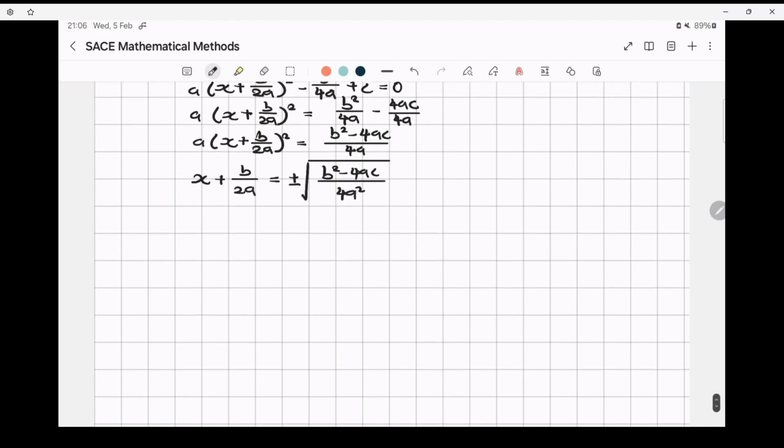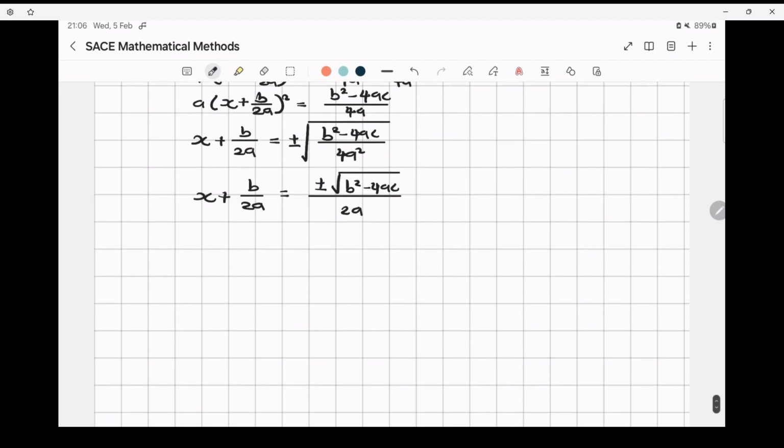So for a square, you can square root it. So in the end, you have x plus b over 2a equals plus or minus square root of b squared minus 4ac. So I do the square root beforehand, 2a. Now you finally move everything to the right hand side.